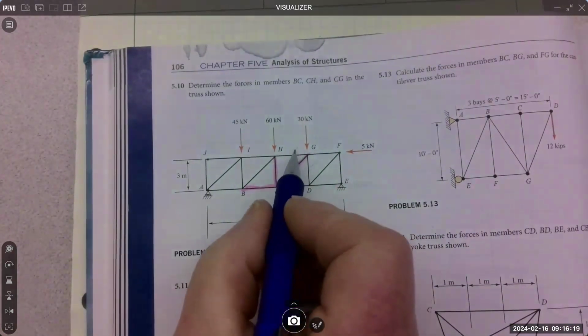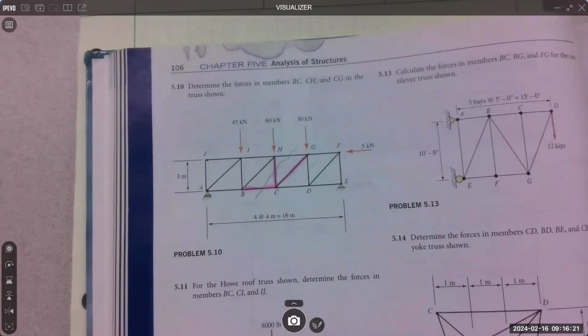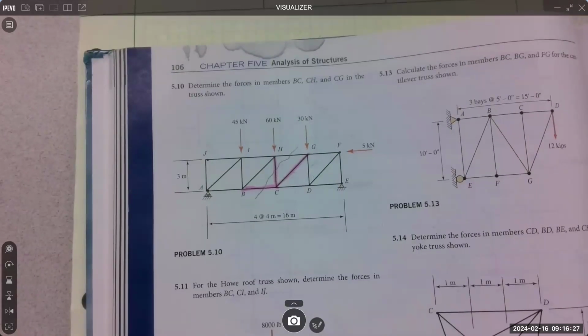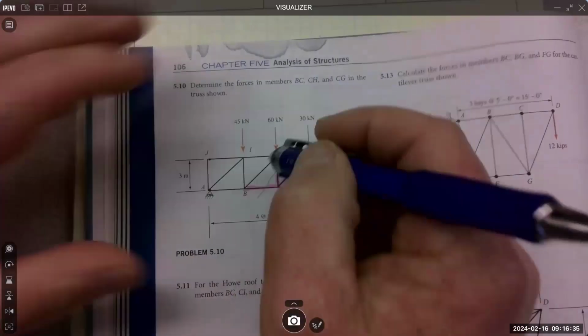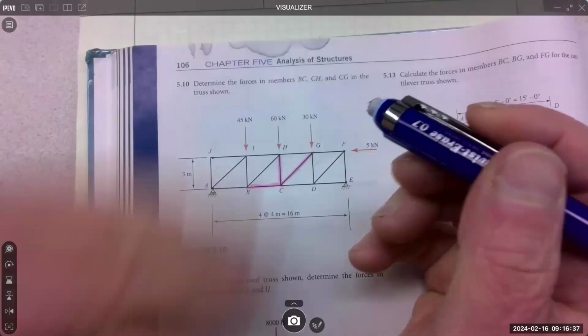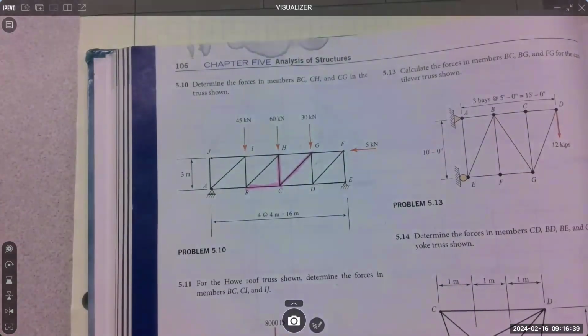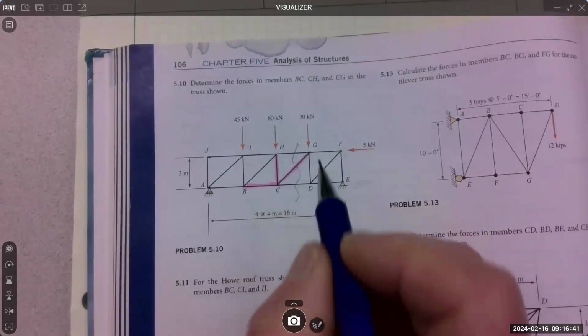Cut through here and find the 2. Then you're going to have 2 different cuts. So cut through there, choose your side, find the 2 that you need. Okay. Put it back together, and then cut again, maybe through here to find that one.